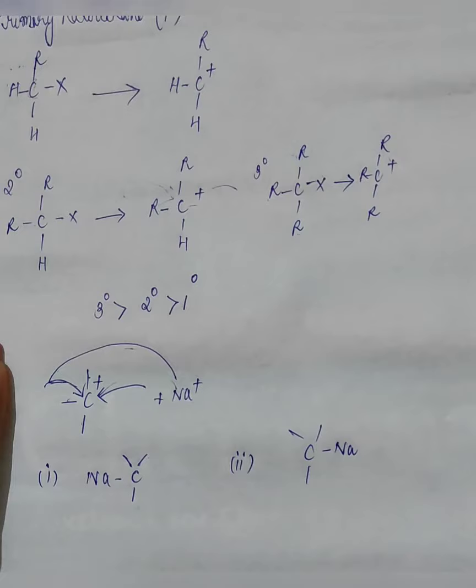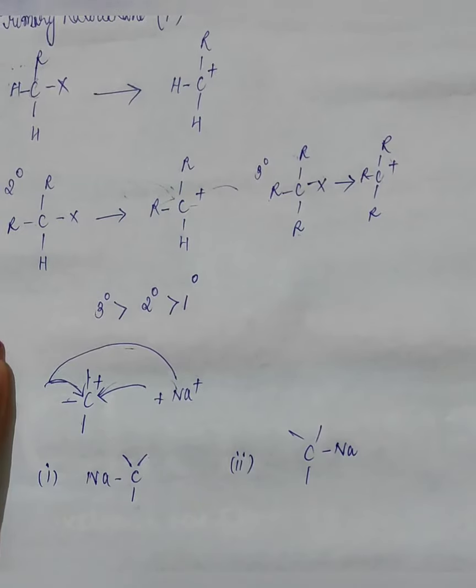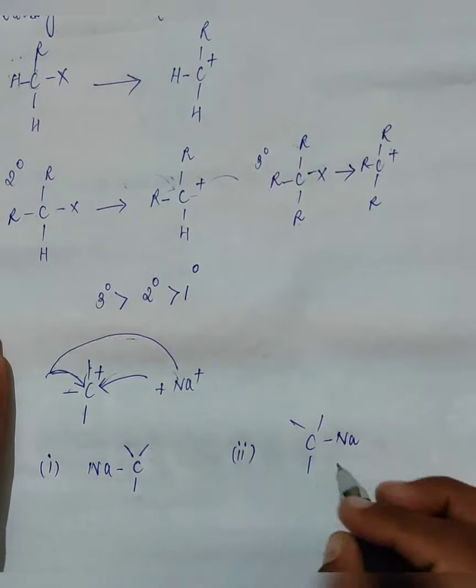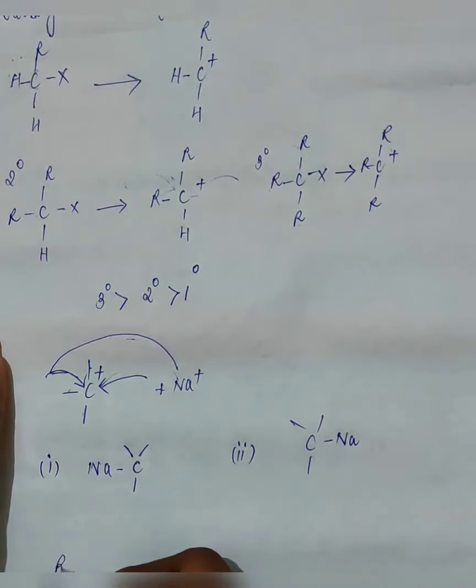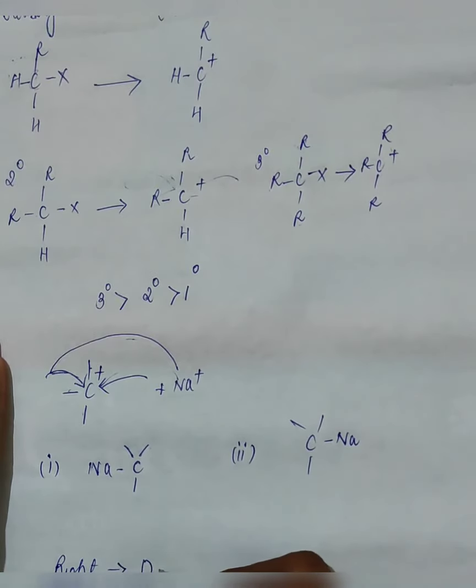If the haloalkane was optically active, that means it can rotate the plane polarized light. Plane polarized light means light that is unidirectional. Those compounds which rotate the plane polarized light towards right are known as dextrorotatory or D-form.